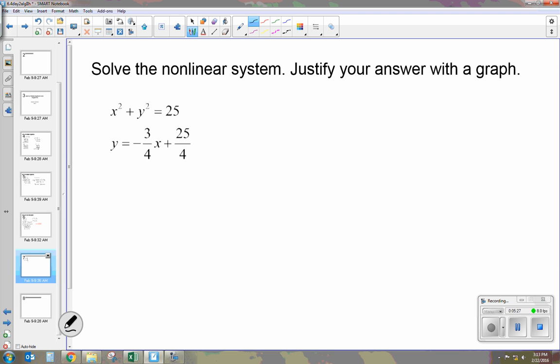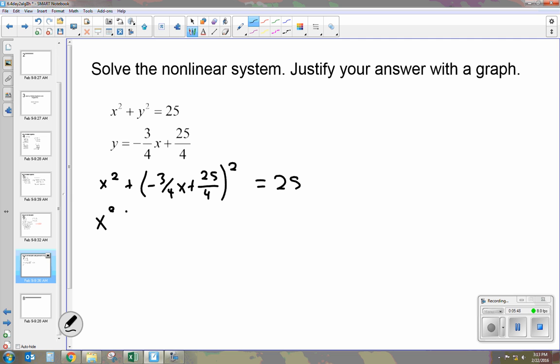This is a similar problem. We're going to substitute in. So we have x squared plus negative 3/4 x plus 25/4, and that whole quantity is squared. That equals 25. We'll have to FOIL out what we just have there.